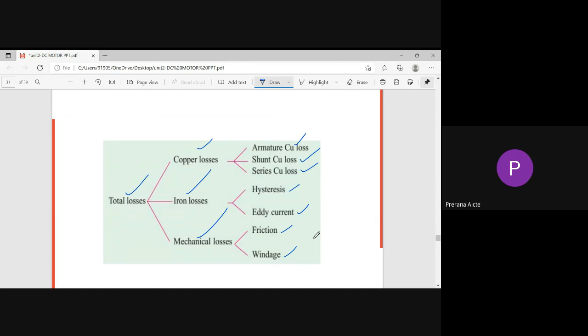See here, in the total losses, we have copper losses, iron losses, and mechanical losses.